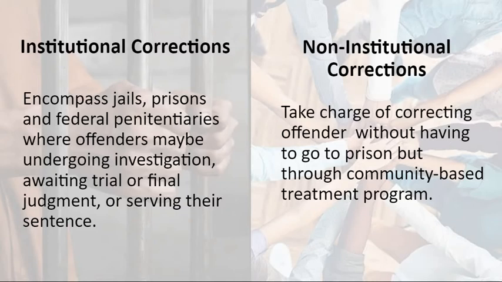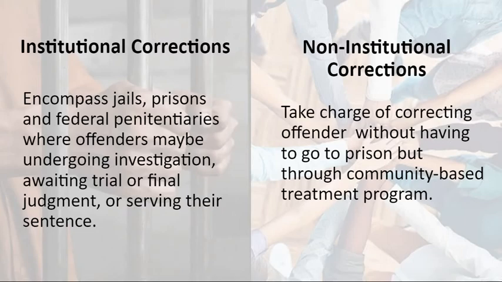An appropriate program is given to them so that their service within the community-based treatment program is valid. Let's look at the advantages and disadvantages of institutional and non-institutional corrections. Our focus is non-institutional corrections, since institutional corrections you already took last semester.